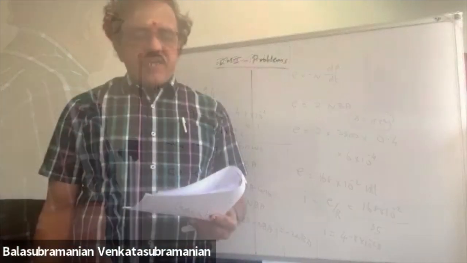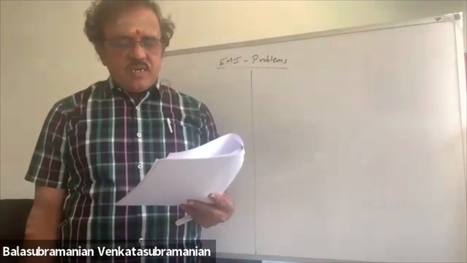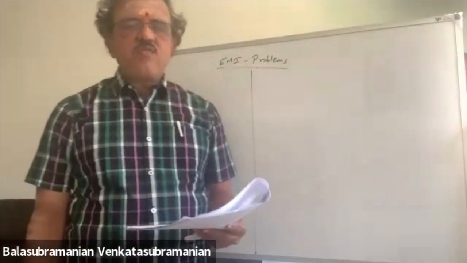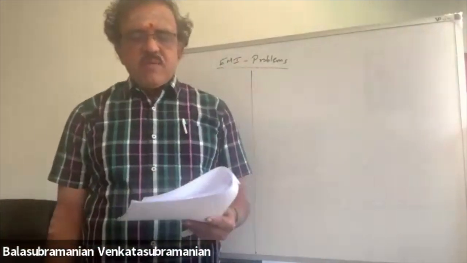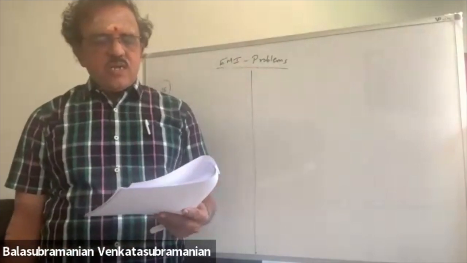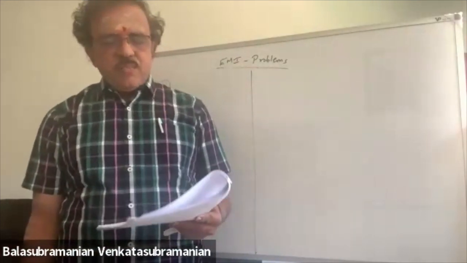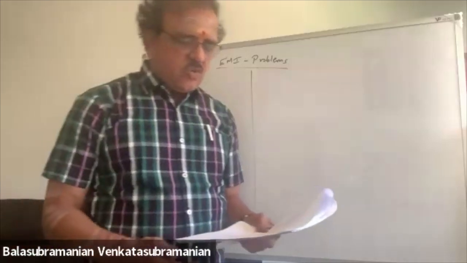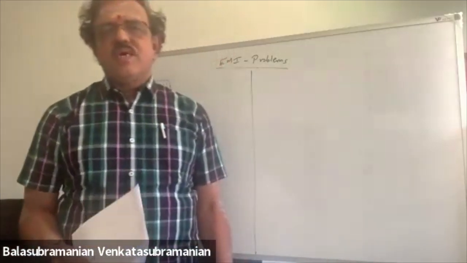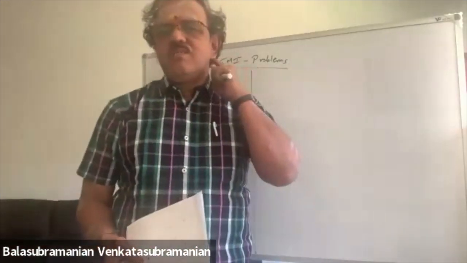Okay. 15th one, a coil of 200 turns carries a current of 4 ampere. If the magnetic flux through the coil is 6 into 10 power minus 5 Weber, find the magnetic energy stored in the medium. Actually, this formula we have not seen.